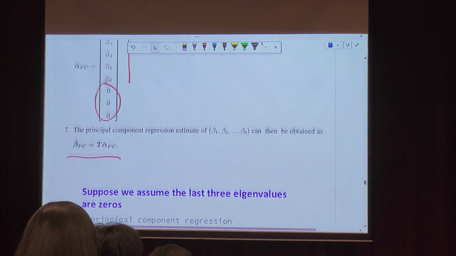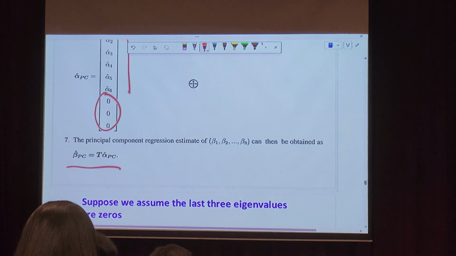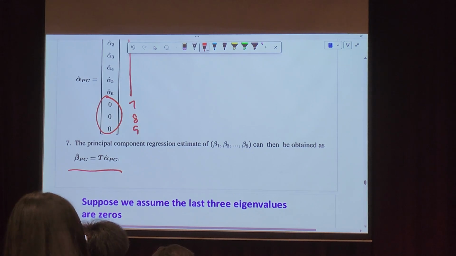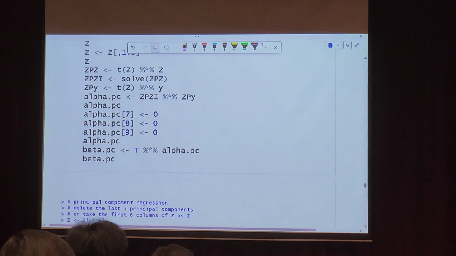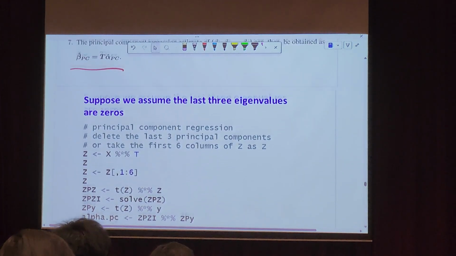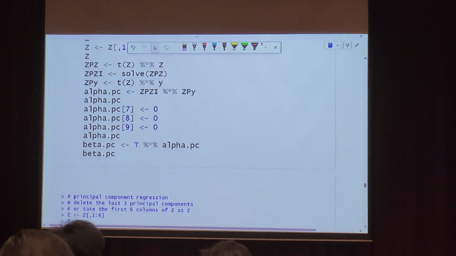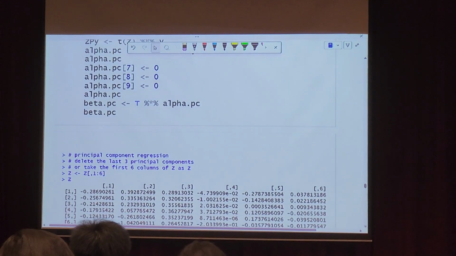These three. And then calculate beta. And that is my answer. That will be my principal component regression coefficient.